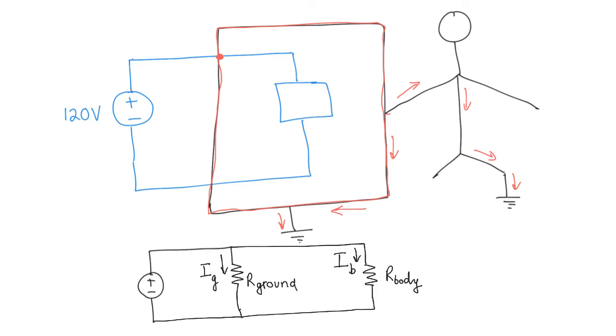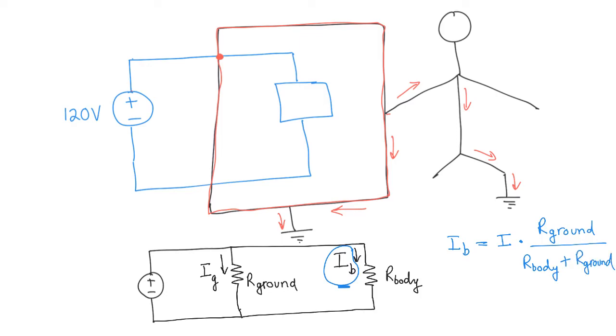Now, if we want the current IB to be as small as possible, what would we have to do? Remember, what is the equation for IB? IB will be equal to the total current I times R ground divided by R body plus R ground.